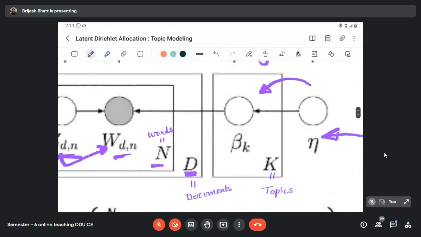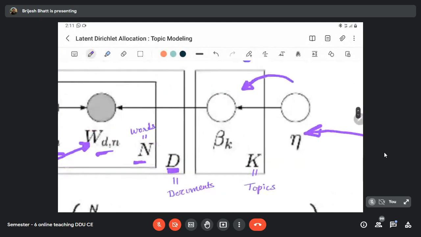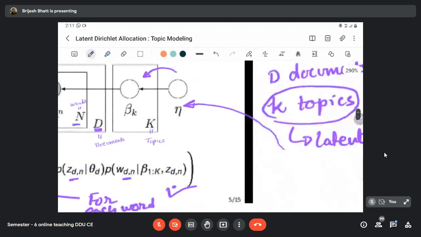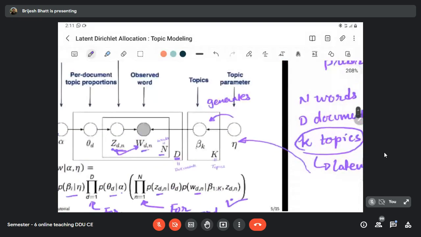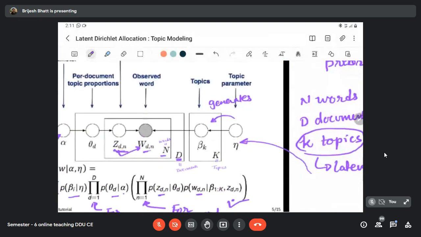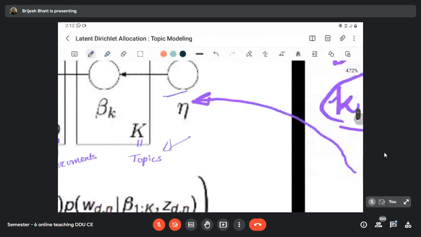So where do these k topics come from? These k topics come from an underlying distribution beta, defined by beta k and controlled by parameter eta. There is an underlying distribution, and this distribution is latent.